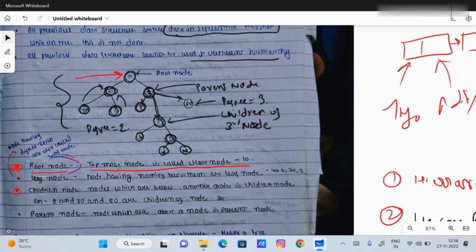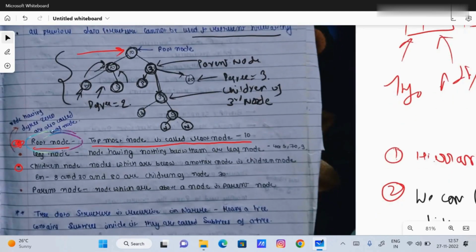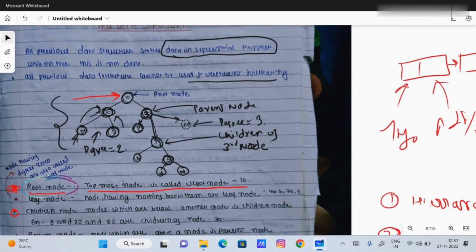Thereafter, children node. Nodes which are below another node are known as children nodes. Suppose here 40 and 5 are both children of root node 20. So 30 behaves as a root for its own nodes and as a child of 20. Thereafter, parent node. A node which is above another node is known as a parent node.